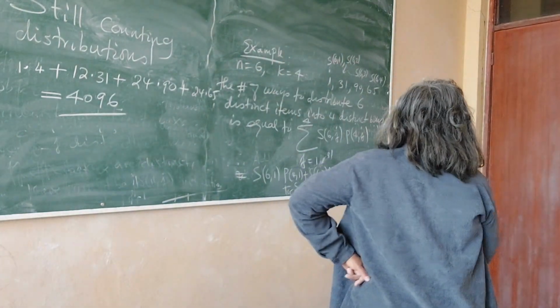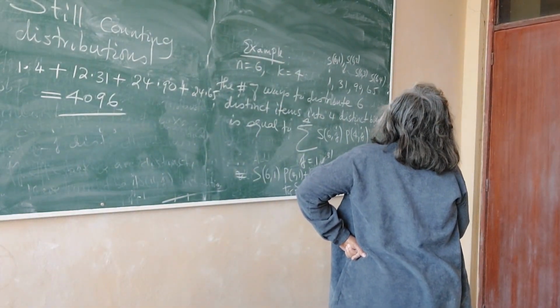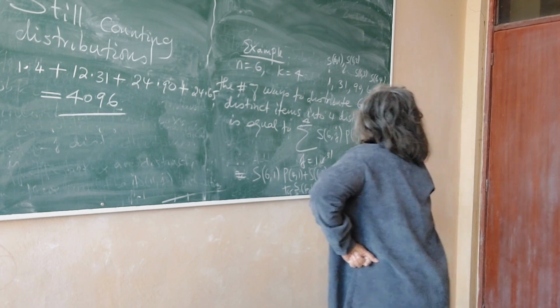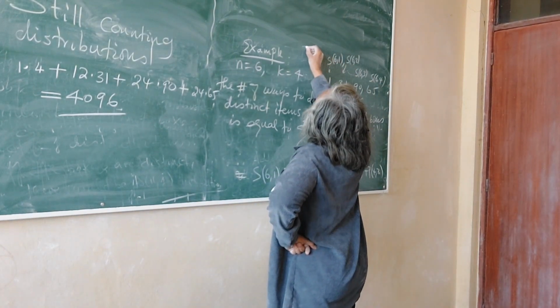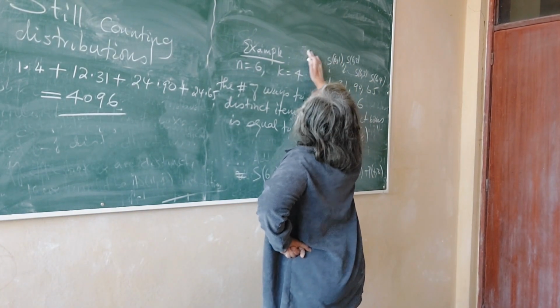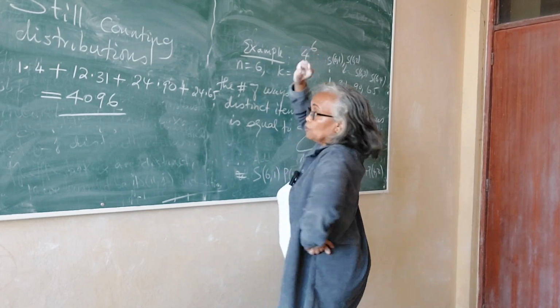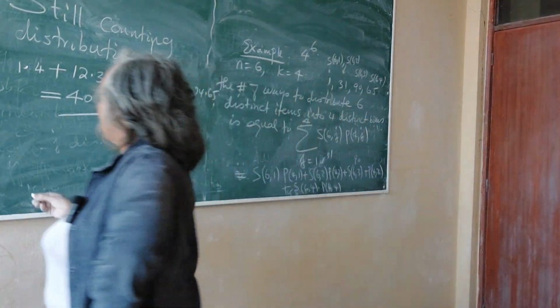Now look, 4096, as I told you earlier, this number should equal 4 to the power of 6. Let's check.